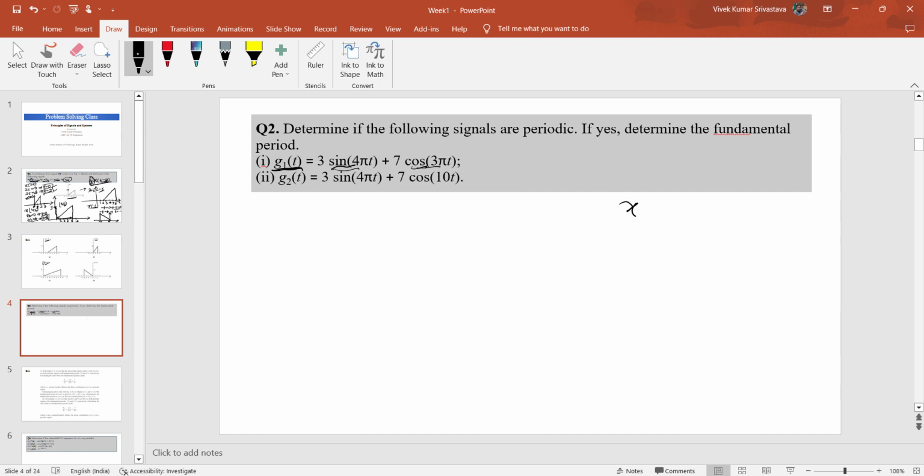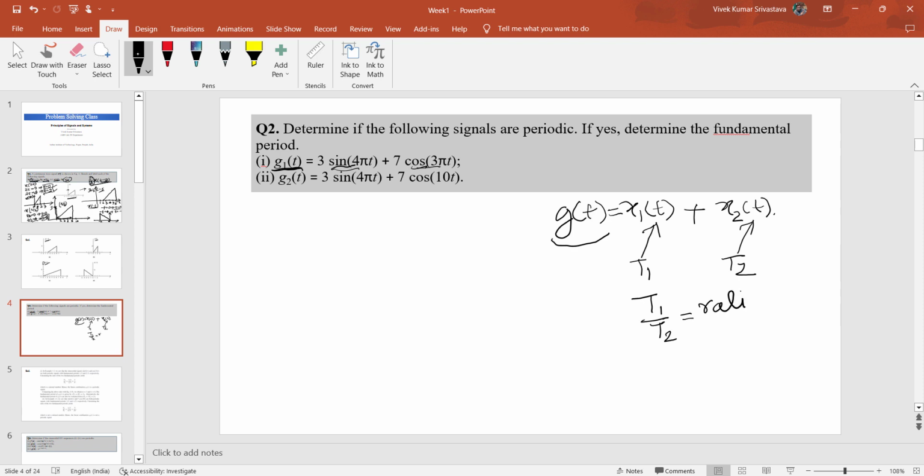Suppose we have two signals x1(t) and x2(t), having time periods T1 and T2 respectively, and we are making another signal g(t) by summing up these two signals. To determine whether this signal is periodic or not, we will see whether the ratio T1 by T2 is a rational number or not.